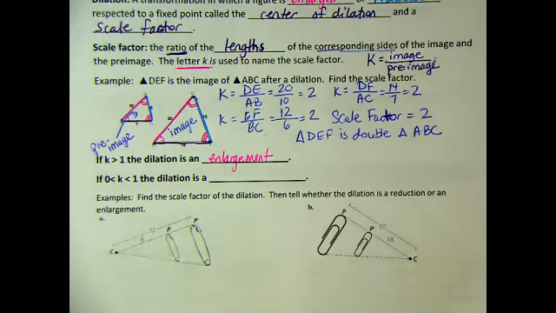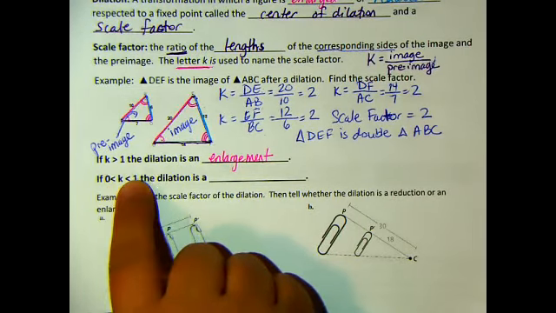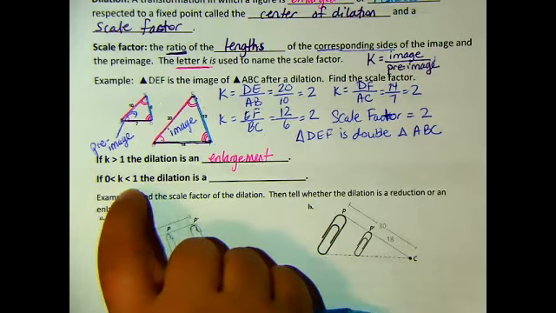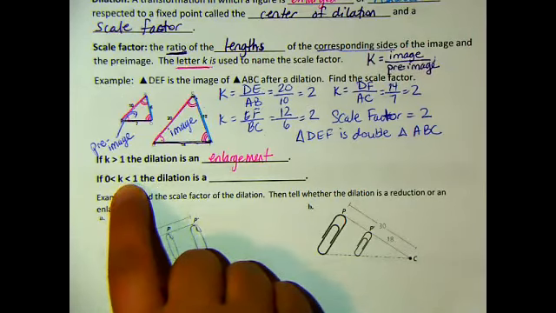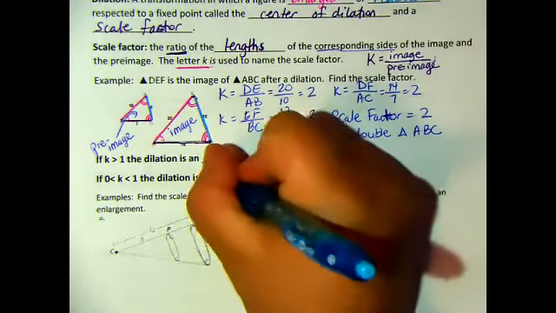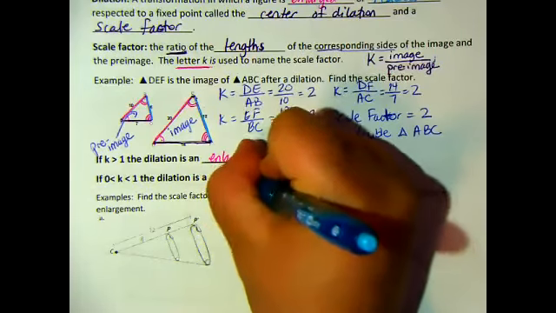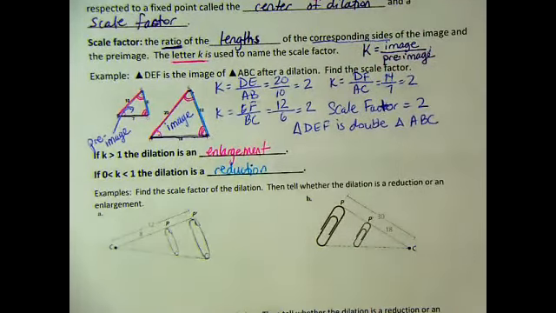However, if our scale factor is any number between 0 and 1, that means a decimal like 0.5 or 0.3 or 0.8, then the dilation is called a reduction.